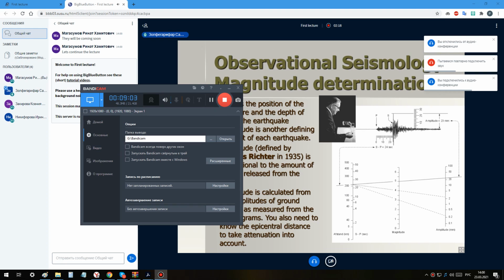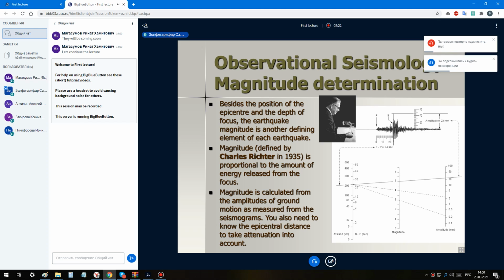the schematic shape shows the magnitude and amplitude of vibration waves as recorded with a seismograph.